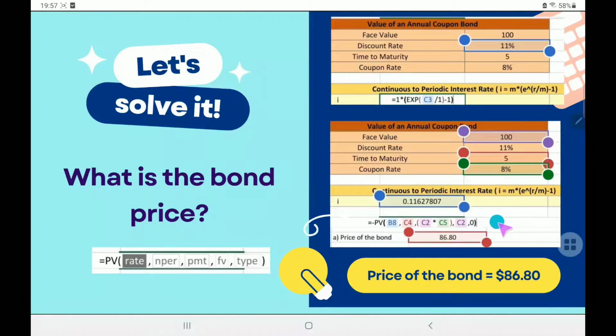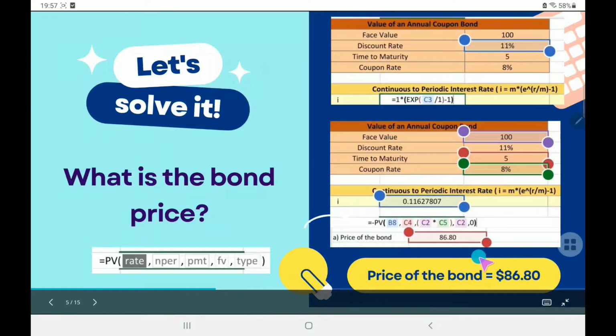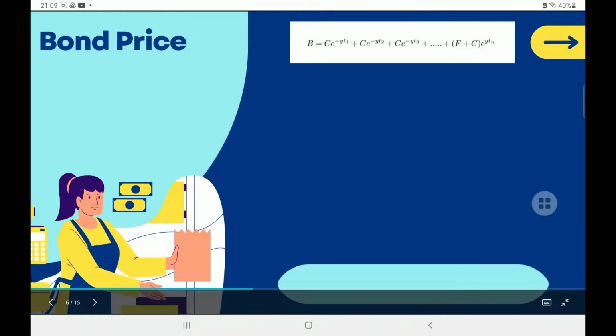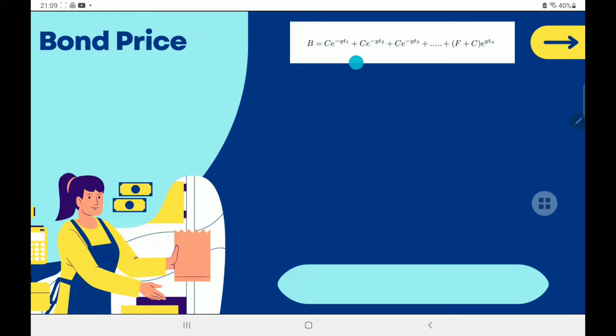Then after inserting all the values, we will get the price of the bond, which is $86.80. Next is to calculate the bond price manually. We use the formula B equals the sum of C e to the negative YT, plus F e to the negative YT.